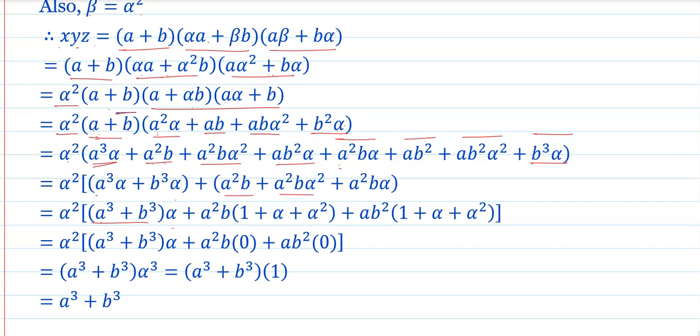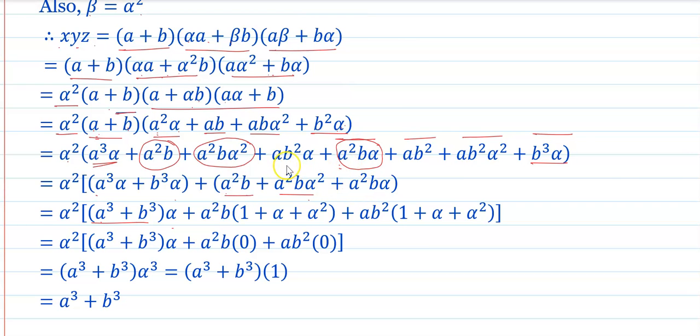Next, collect the terms of a square b. First is a square b, the second is a square b alpha square, and the last is a square b alpha.